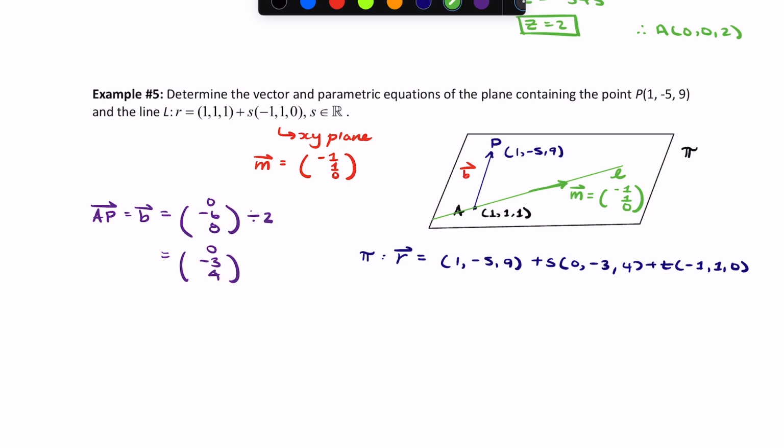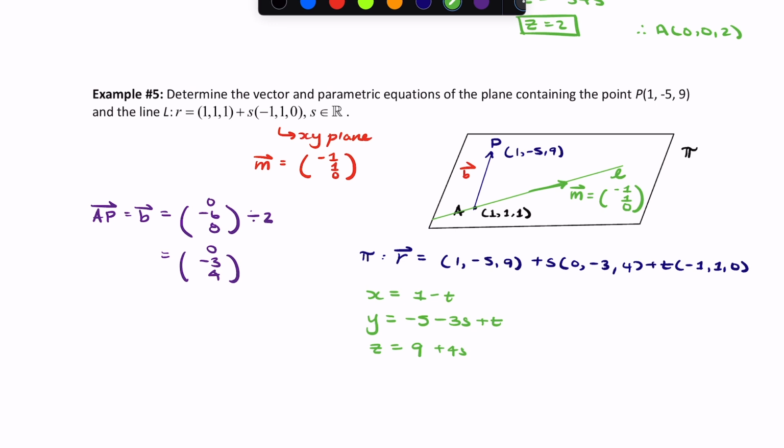And then our parametric equations. x is equal to 1 plus 0s, so just 0, and then minus 1t, so minus t, that's for x. y is equal to negative 5 minus 3s plus 1t, so plus t, and then z is equal to 9 plus 4s, and then plus 0t.